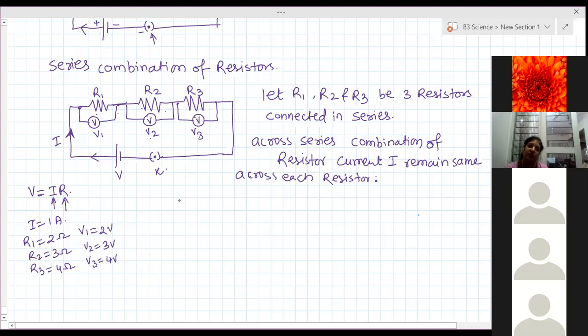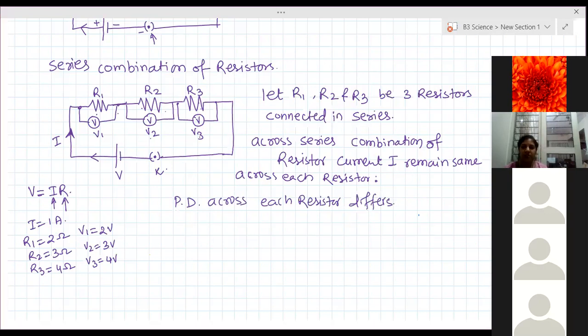So the potential difference across each resistor differs, that means it will be different. Okay. And experimentally we got to know that the sum of these potential differences is the same as the total.